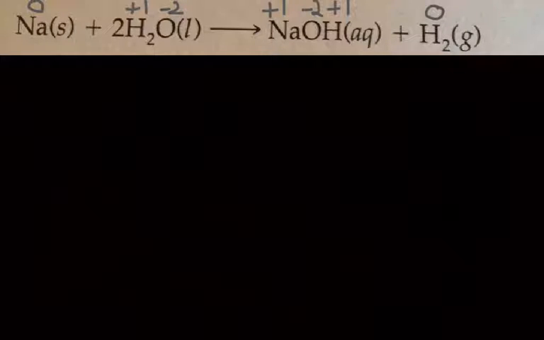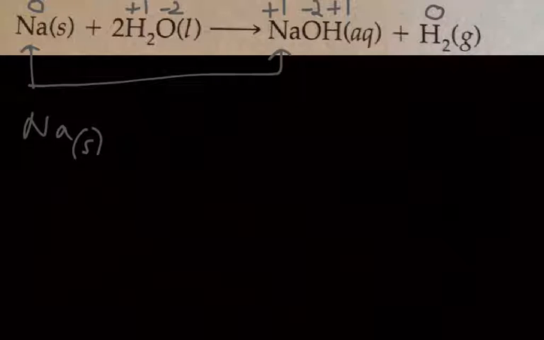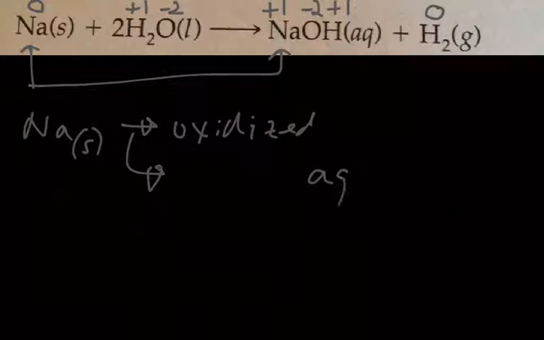What you can be asked again is who got reduced and who got oxidized. We look at it carefully and see that Na went from 0 to +1. So Na solid was oxidized, because its number went up. Since it was oxidized, it will be the reducing agent.